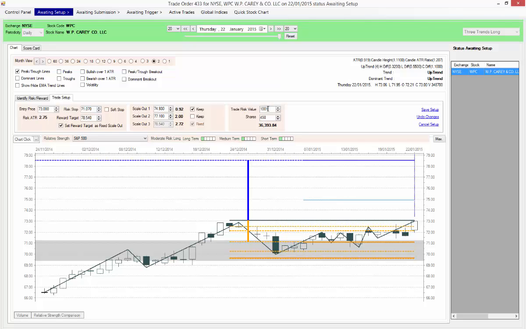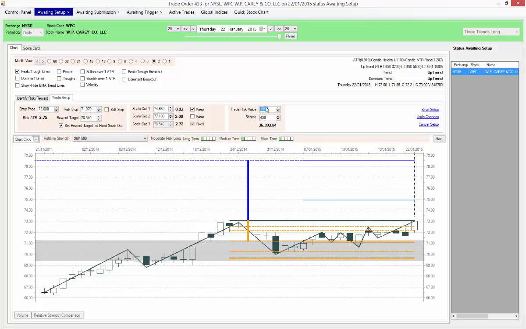I'm prepared to do that. It tells me the number of shares that I need to buy based on this entry price in order to risk that $1,000. Now, this is also an area in the form which you can modify.